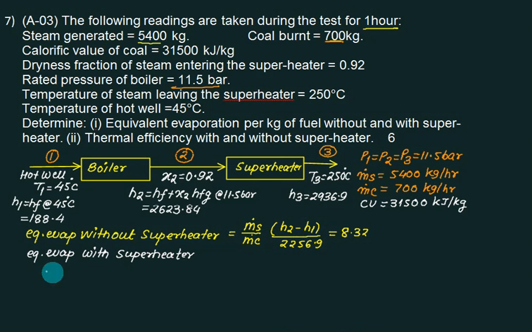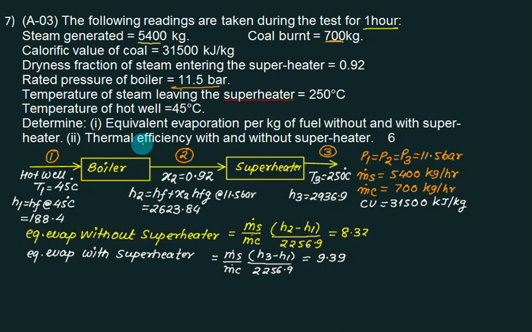Second step, we want equivalent evaporation with superheater, meaning boiler included. So 1 and 3 now. So this is m dot s divided by m dot coal, exit point is 3, entry point is 1, divided by HFG at 100 degrees Celsius.